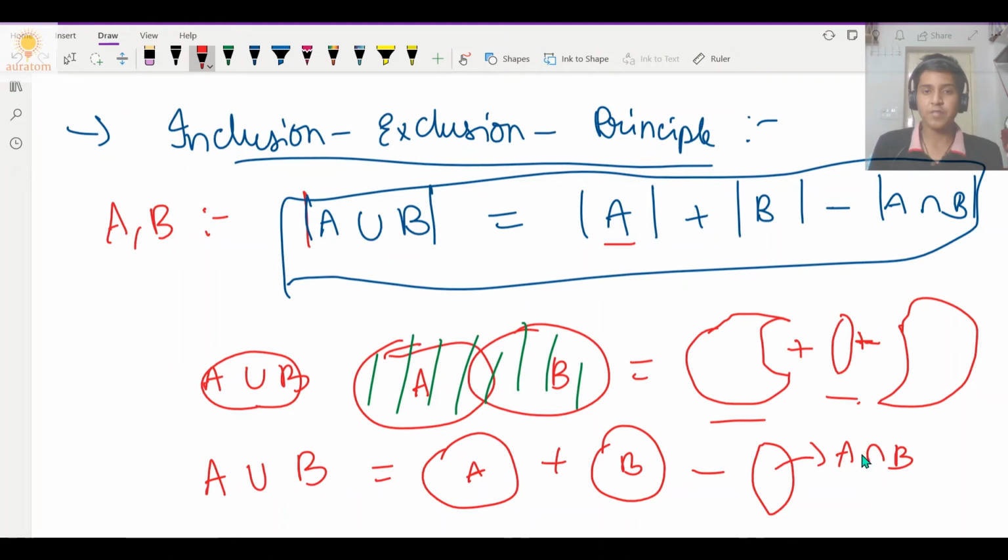Okay, now let's do an example based on the inclusion exclusion principle.